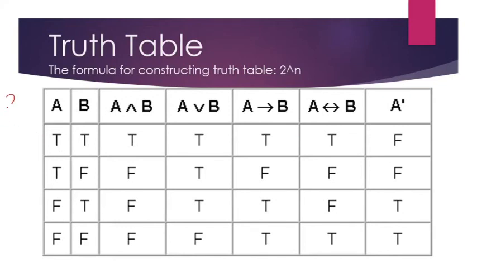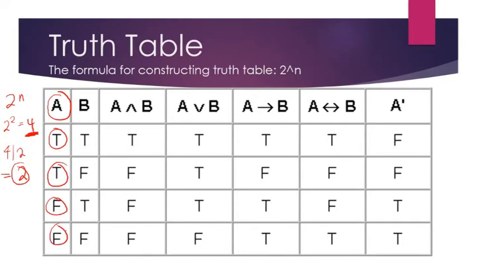If you remember, 2 to the n, so 2 to the power of 2, that is 4. So, yung first result mo, i-divide mo yan sa 2. Then, that is 2. Ibig sabihin, sa first statement mo, yung first na dineclare, unahin mo yung true. So, dalawang true, then dalawang false.